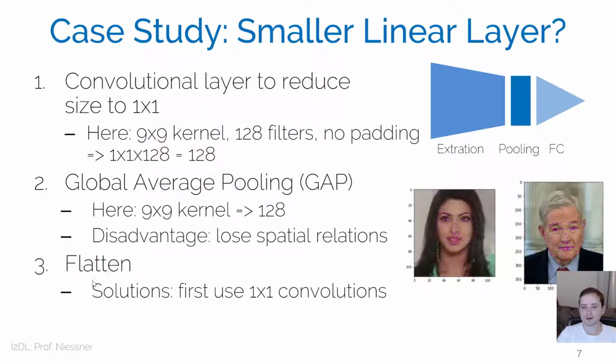And one more thing we could do is just stay with the 9 by 9 spatial size and just lose some of the channels. So maybe we don't need 128 channels, but we can do with fewer. And one great way to get rid of too many channels is 1 by 1 convolutions, because these convolutions only act on the depth of the tensor, and they don't change the spatial dimension, and you can just use them to reduce the number of channels, for example, from 128 to 16.